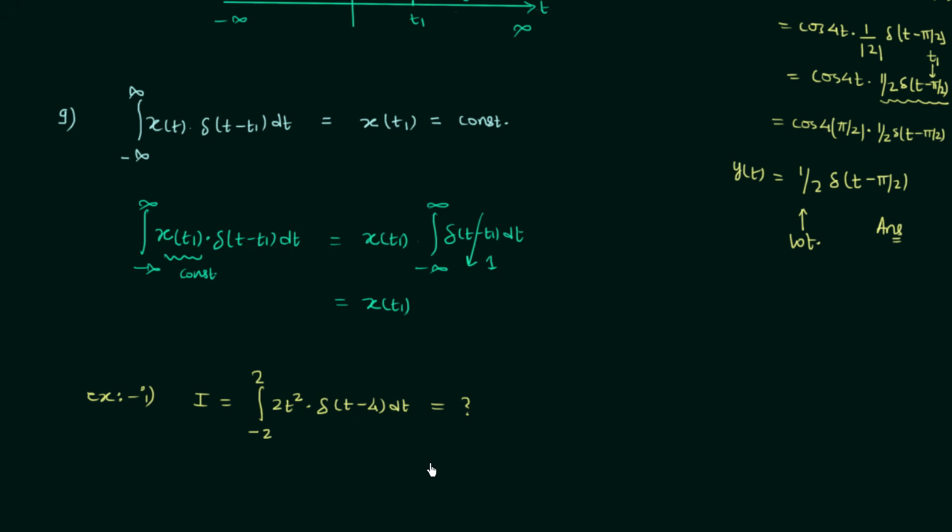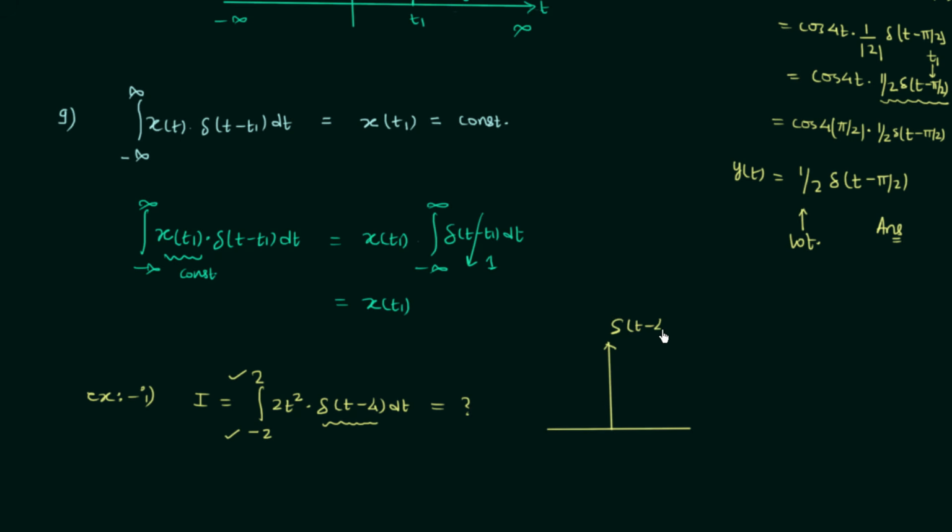The answer is very simple but a little bit tricky. Whenever you have the unit impulse signal or any impulse signal, always check the limit. Here the limit is from minus 2 to 2, but here the impulse signal is having the shifting of 4 towards the right.